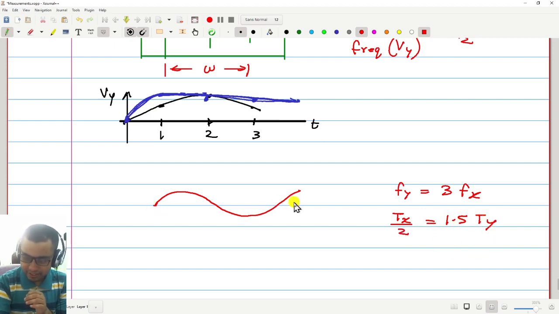So this is a half cycle, and here we will complete 1.5 periods of Vy. So this is 1.5. After that it will come back from right to left.